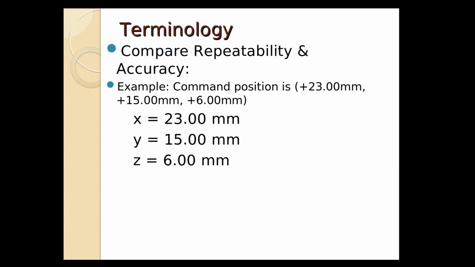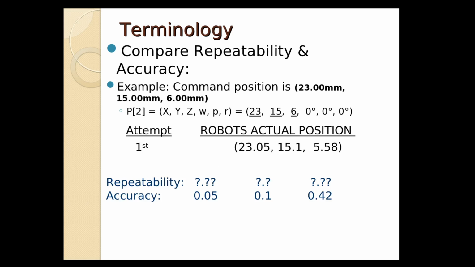If we look at an example here, we created a program and we wanted it to go in the X direction 23.00 millimeters, the Y direction 15 millimeters, and in the Z direction 6 millimeters. So we run this program, and the first time it went to 23.05, 15.1, and 5.58. So we can then look at the accuracy of this movement, right?